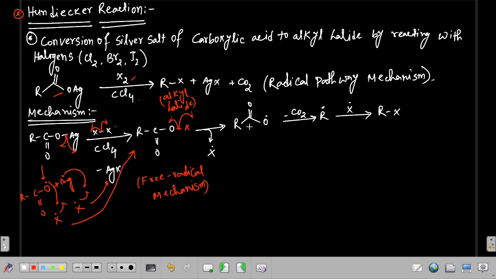Next step, this bond will cleave, and this will recombine to form CO2. And it will form an alkyl free radical, and in the system we have one halide free radical, so this halide free radical and this alkyl free radical will recombine to form alkyl halide.